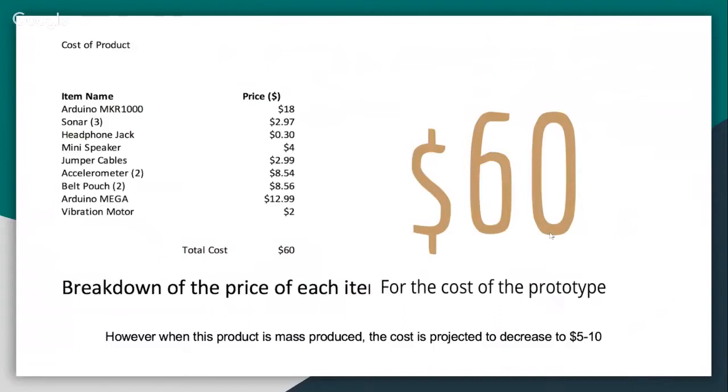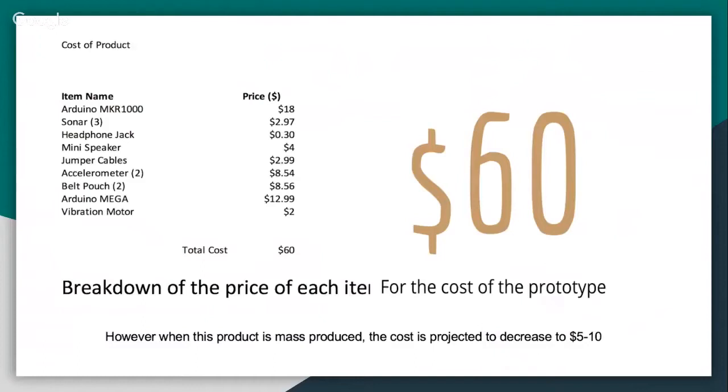Now, one important thing to keep in mind whenever we're building a technology project is that the prototype is always more expensive than the production version. When we mass produce something, it can get much, much cheaper. There are many different factors involved. One is simply that you're producing so much at a large scale that you can drive the price down.